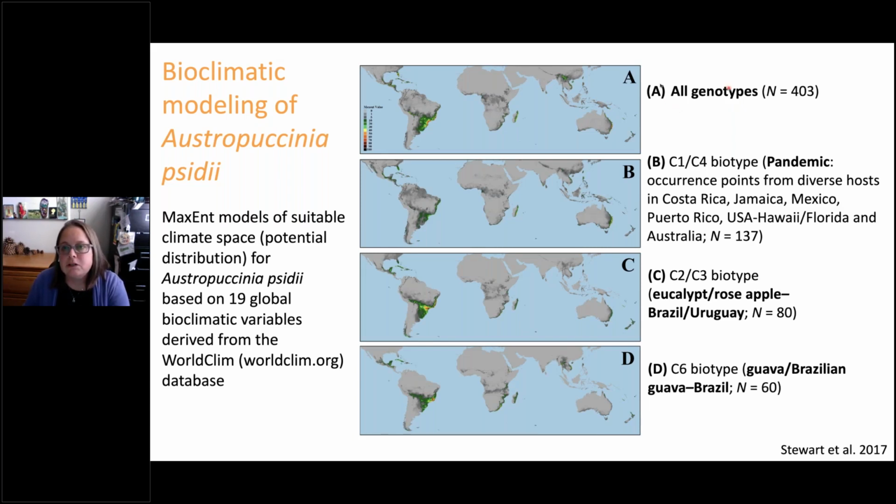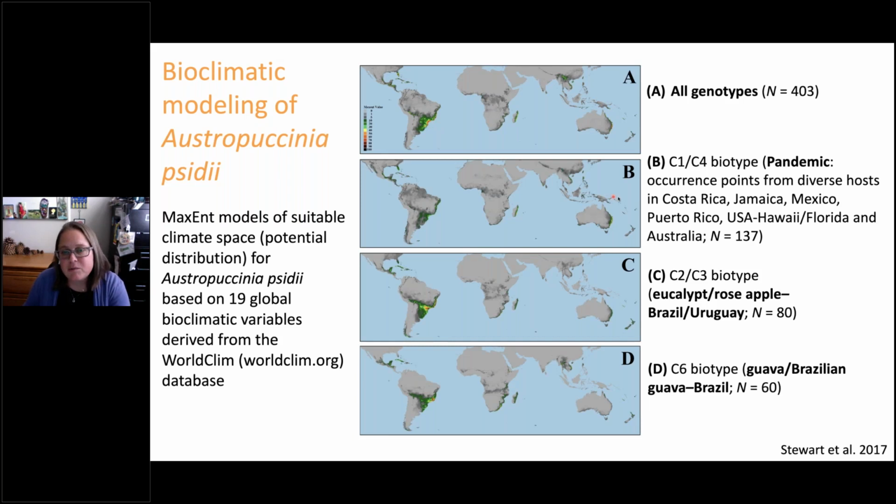And when we look at all the genotypes together, so this includes the whole population that we have, we basically see that there's suitable climate space in Brazil and in other areas like Australia and New Zealand. Now, the darker the red, the higher the probability of isolates being able to survive in that area, so it's more suitable.